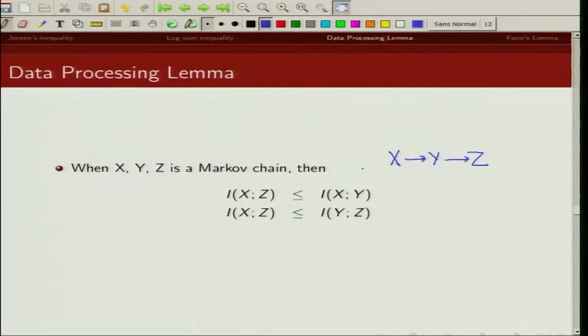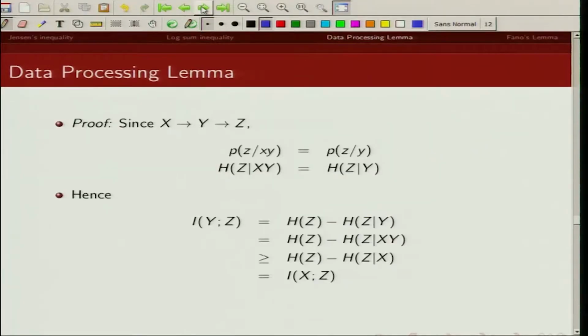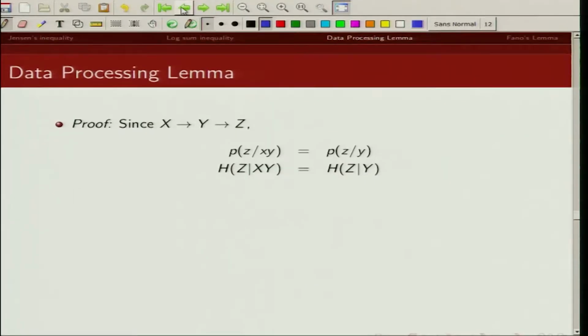So in other words, further processing of data does not increase the information content. So how do we prove it? Let us just prove. Since X, Y and Z form a Markov chain, we use the property of Markov chain.